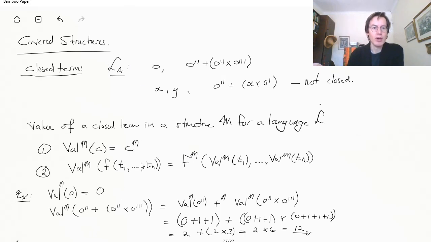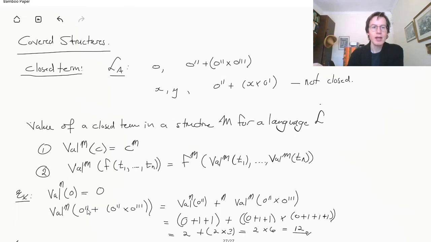Well, let's start at 0. 0 is the value of some closed term. It's the value of the constant symbol for 0. 1 is the value of 0 with a prime applied to it, and so forth. Give me any natural number m, and 0 with m little primes applied to it, its value will be that natural number m.